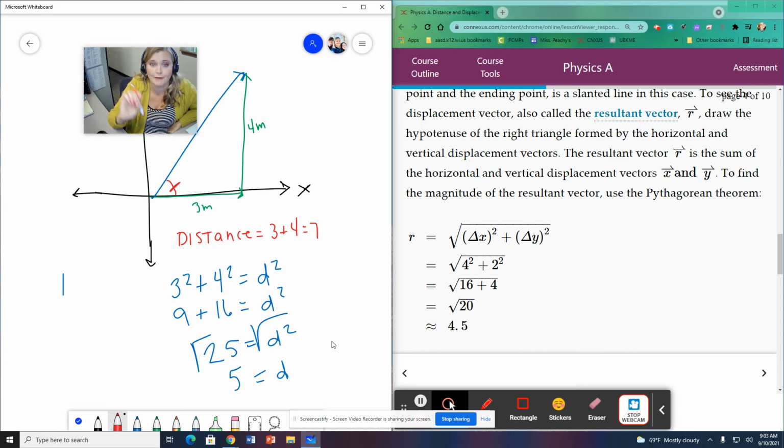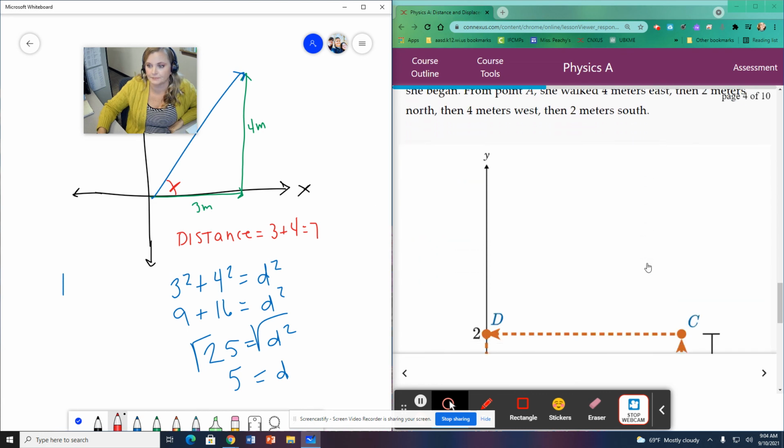So we'll hold off on that for now, because you can figure out the direction too using SOHCAHTOA, your sine, cosine, tangent functions. You can actually use those to figure out the direction that you're traveling as well. That's something you're going to have to do, but the lesson at this point isn't doing that yet. So we're just going to foreshadow that for the future. For now, we'll lay low on that and not teach a new skill until the lesson teaches that new skill. Okay?